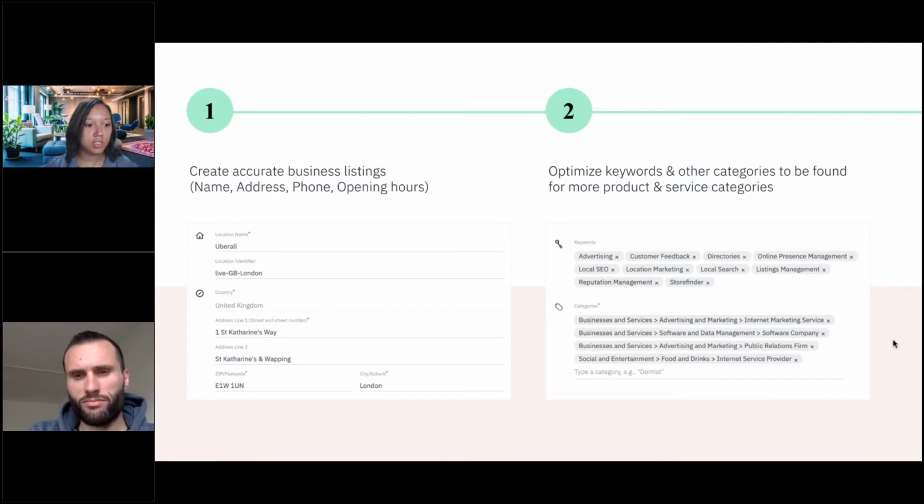In addition to that core data, we also take a huge focus on building optimization around that location. These are all things that can be customized by region, by location, by any level that your business sees fit, and they also help highlight special services, products, and features available at those locations.